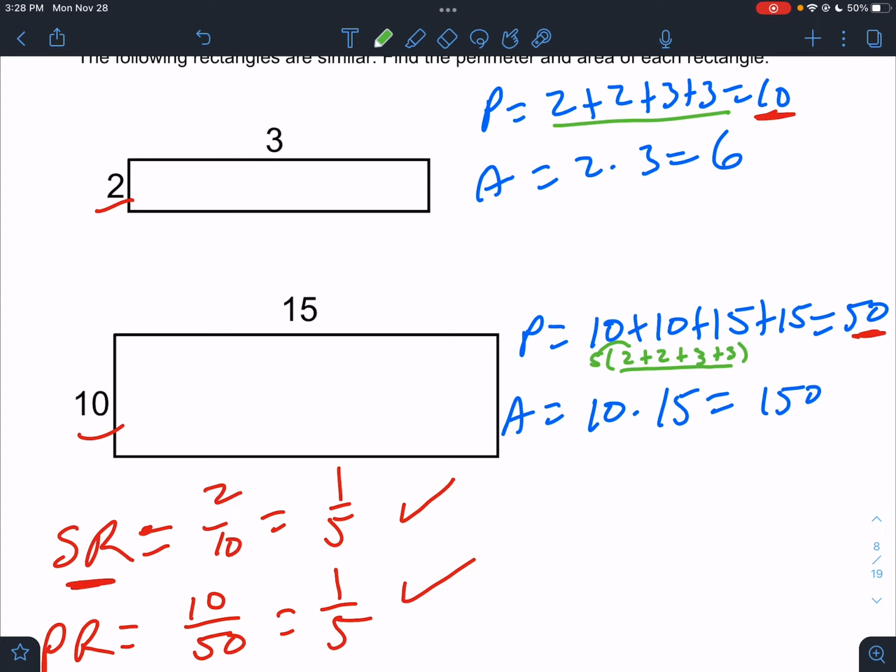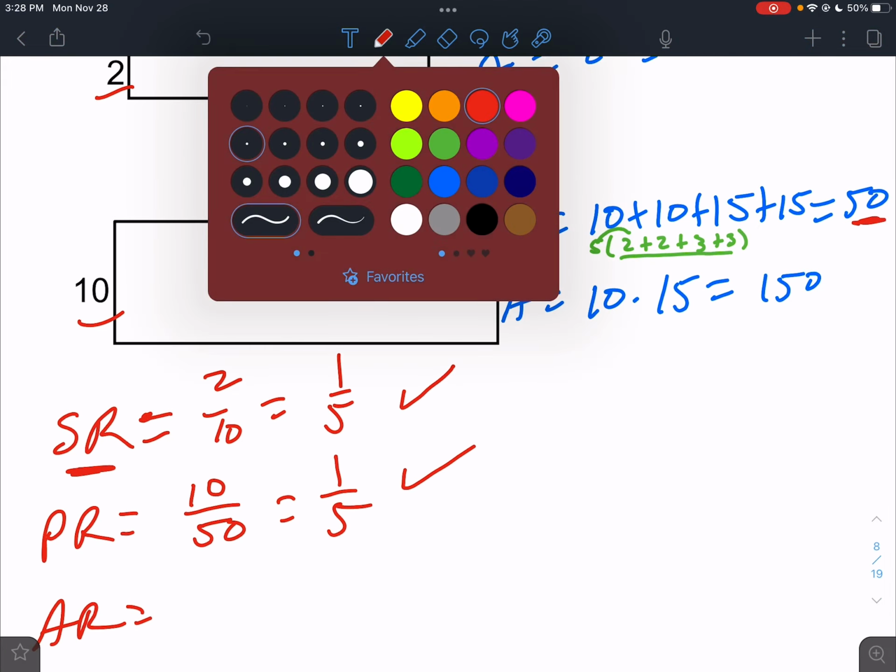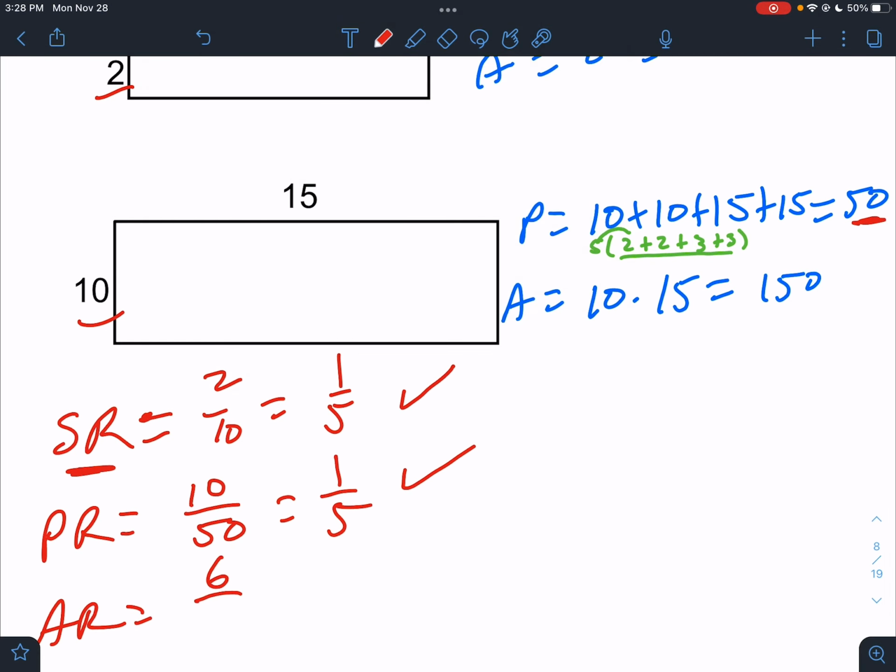But the area ratio is a little bit different. The area ratio is 6 to 150. Well, that's not 1/5. That's actually 1/25. Or you could think of it as 1 squared over 5 squared.